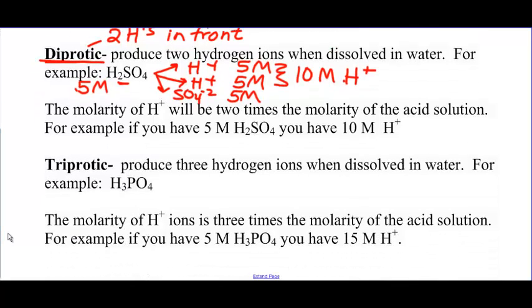If you're a triprotic acid, you have 3 acidic hydrogens, okay? So again, if you started with 5 molar H3PO4, what you're really doing is distributing that, right? You're actually 15 molar H+, because you split into 3 separate hydrogens.